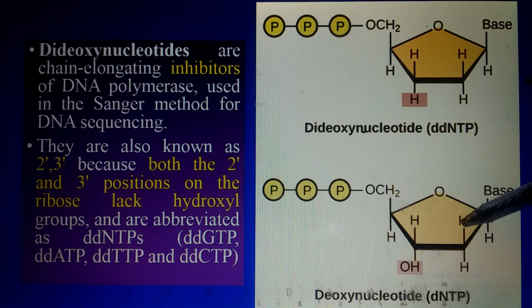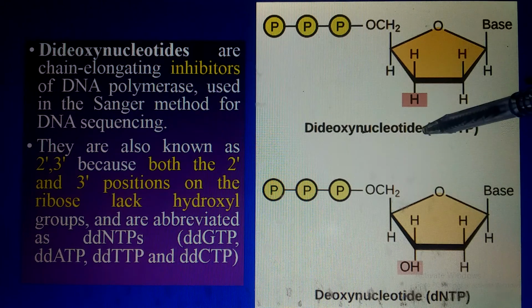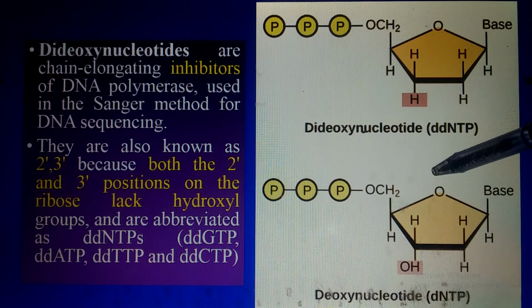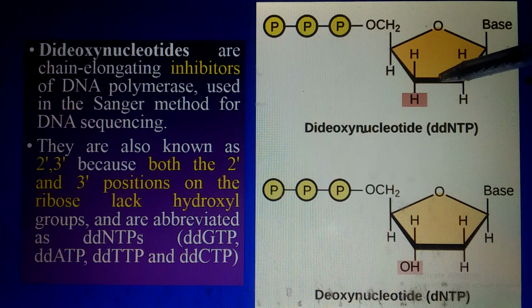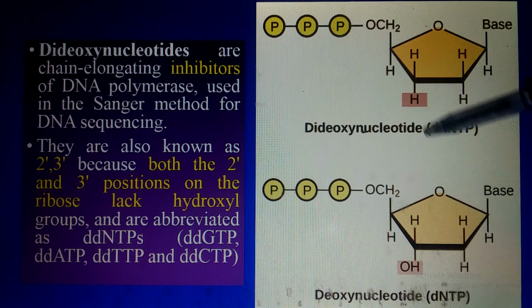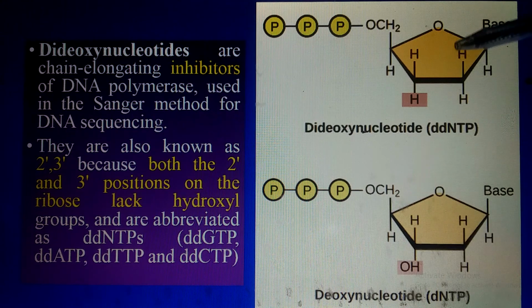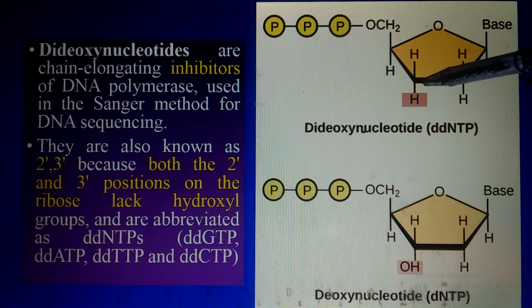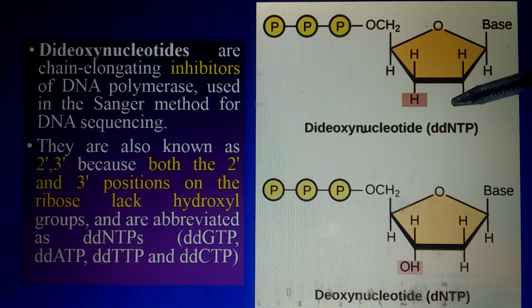Is it clear? Now, what will happen in the dideoxyribonucleotide? You can clearly see the difference between the deoxy and dideoxy. In dideoxy, at carbon number 2 and carbon number 3, just hydrogen atoms are present.